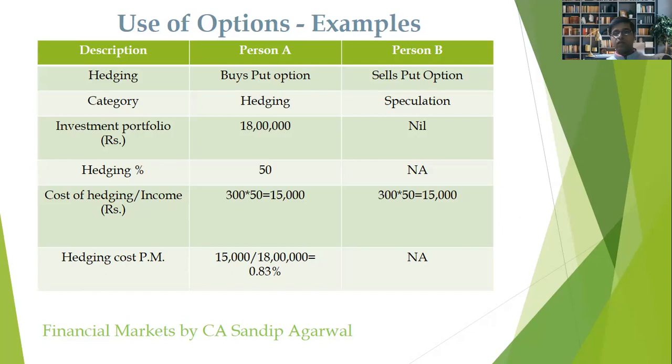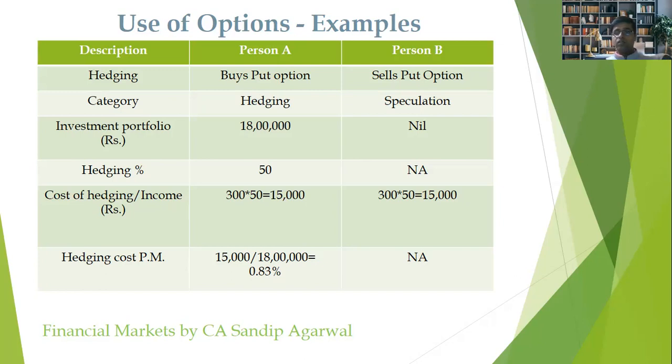But that is not the net profit. Because obviously, if the Nifty falls by 10%, his portfolio can fall more than 10% or less than 10%. That will depend on the market. Just understanding hypothetically, say his portfolio also falls by 10%. In that case, his portfolio value drops from 18 lakh rupees to 16 lakh 20,000 rupees. He has incurred a portfolio loss of 1,80,000 rupees, even though he has not sold the portfolio.